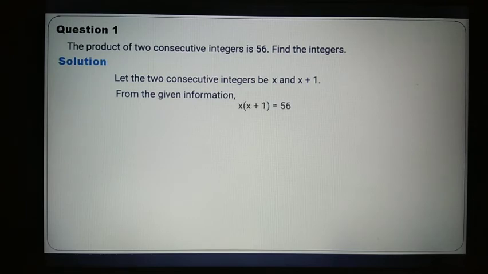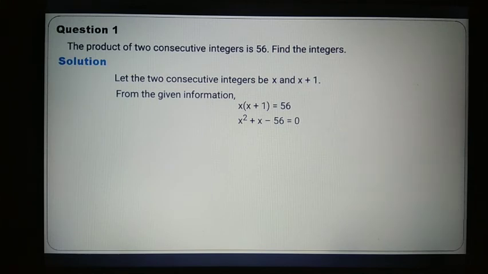Now let us open the bracket. If I open the bracket and bring the 56 over, we'll have the equation equal to 0. We know that in a quadratic equation we always keep 0 on the right hand side, because the general form of a quadratic equation is ax squared plus bx plus c equals 0. It's up to you which way you want to solve this quadratic equation.